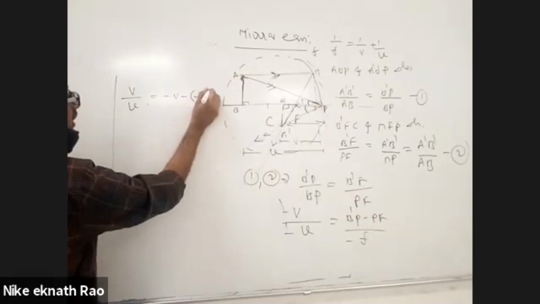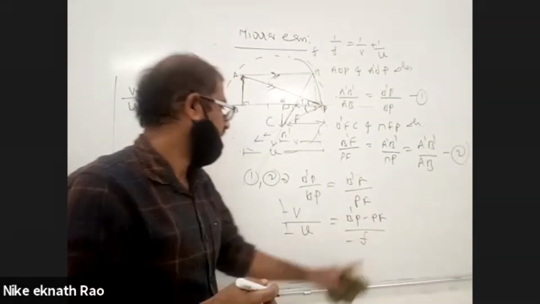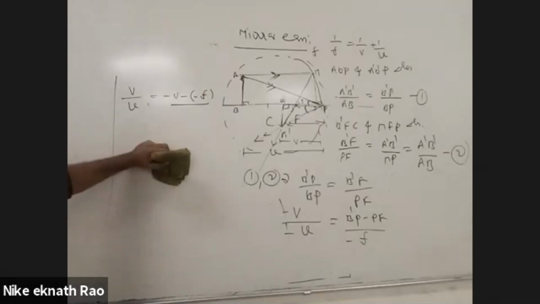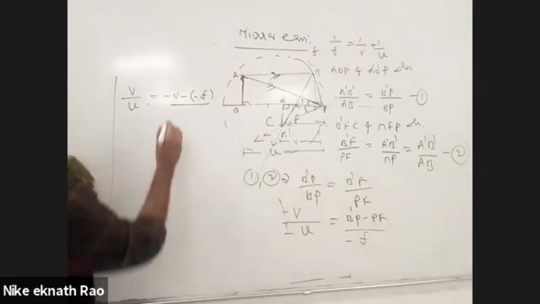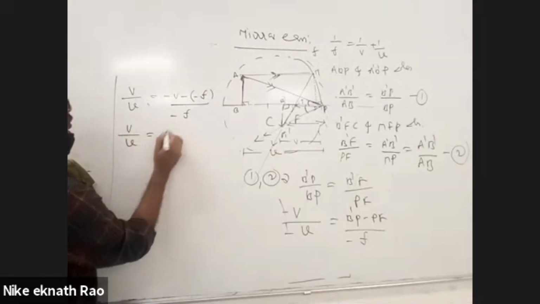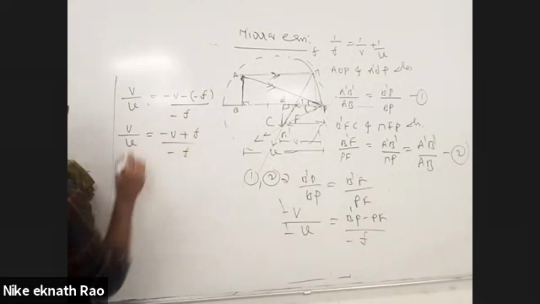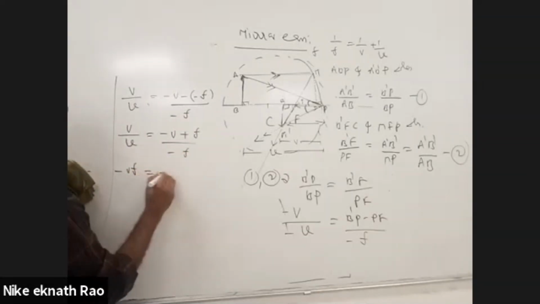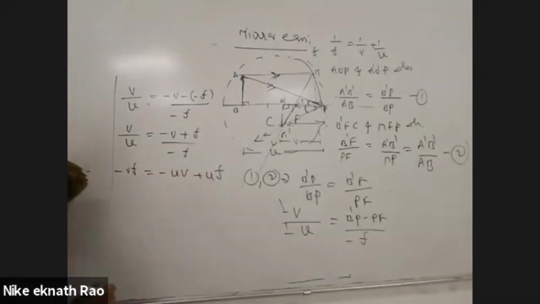So minus F divided by minus F. When you simplify, B by U is equal to minus V plus F by minus F. 1 times minus VF is equal to minus V plus UF.